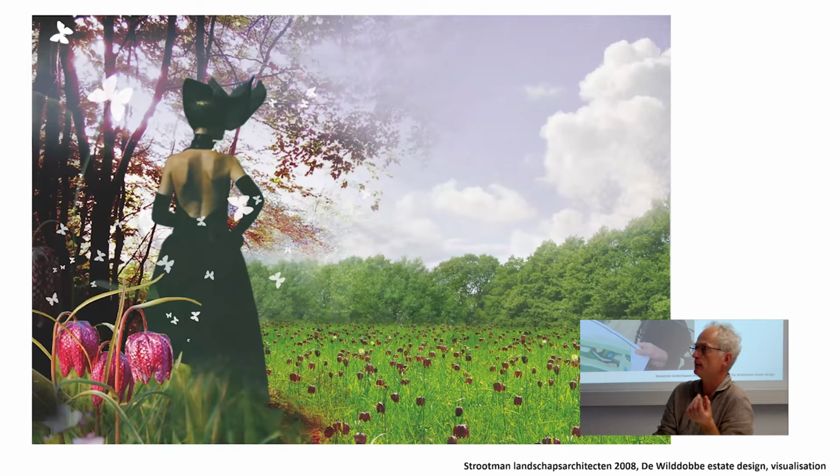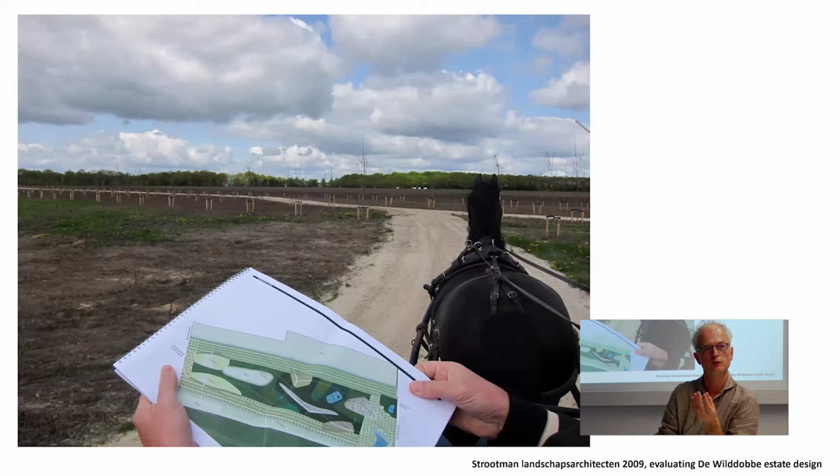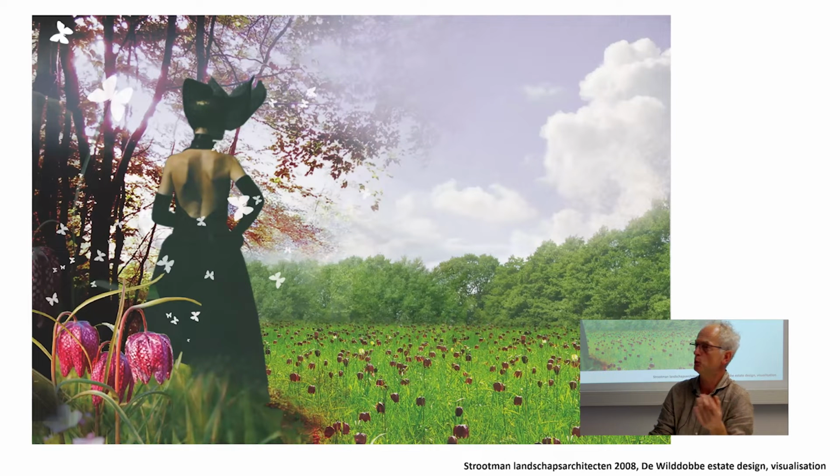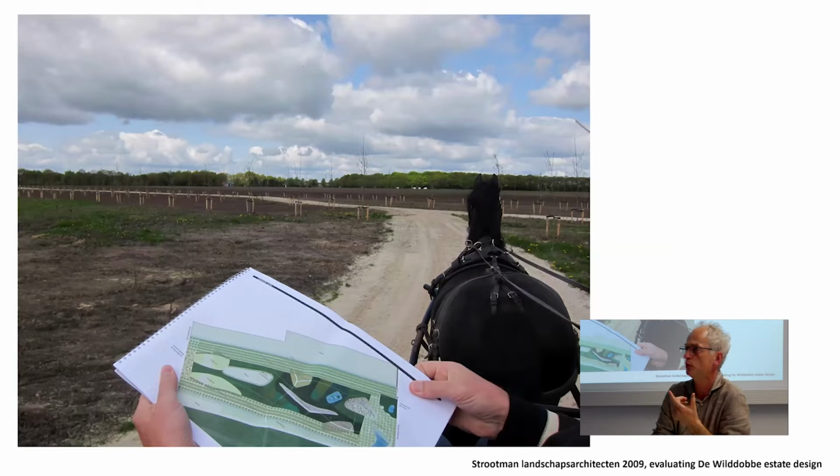And then comes reality, and this was the reality of the estate they wanted to build. The visualization suggests we have nice big trees, but alas, that takes a few decades, and this is reality. And the beautiful thing is that the map is in the reality, giving the tension between what you want and the reality of having to have patience. And that is totally not reflected in the drawings.